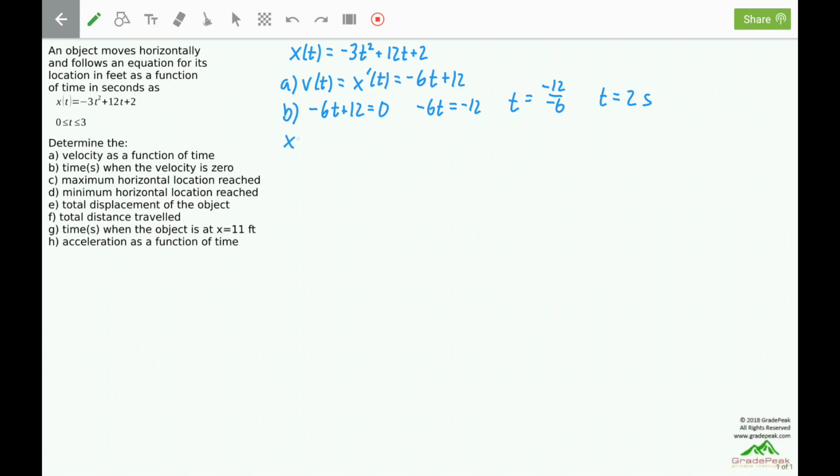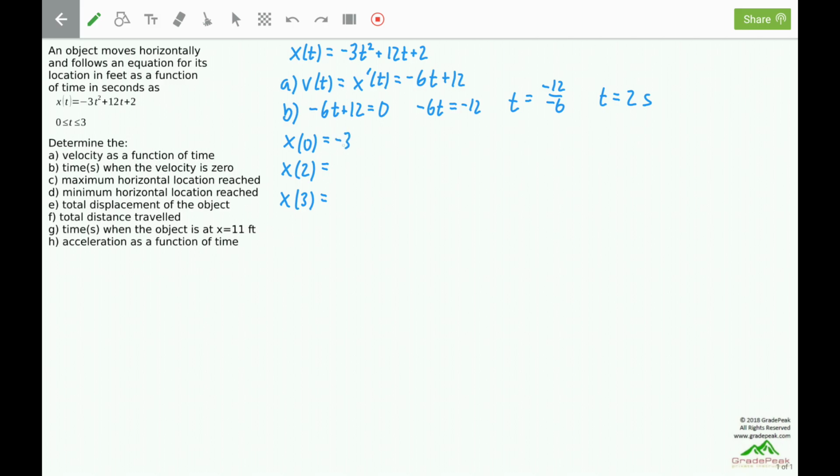So we want to evaluate the position at the starting time of 0, the turnaround time at 2, and the final time of 3. Each of these, we will plug in for the t in the position function.